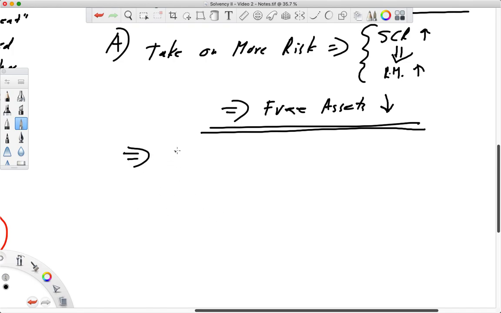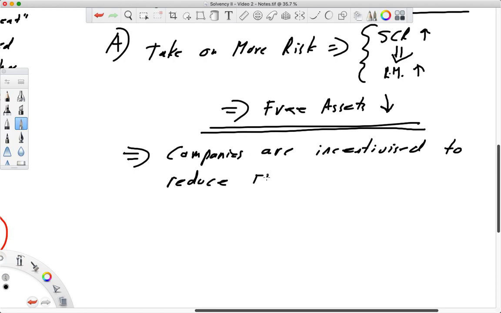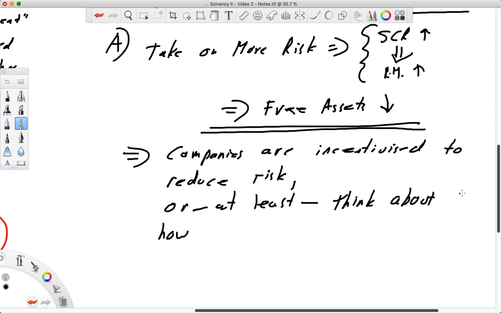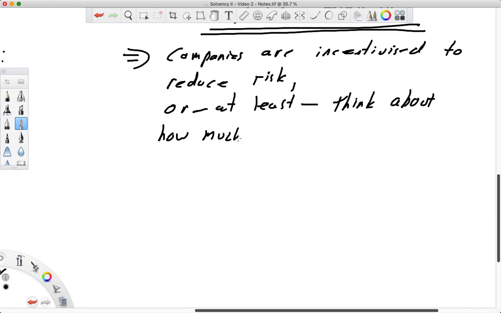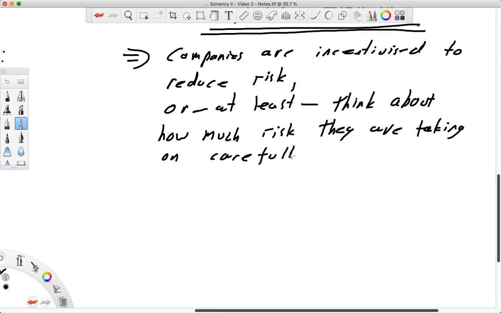So this whole thing implies companies are incentivized to reduce risk, or at least think about how much risk they are taking on carefully.